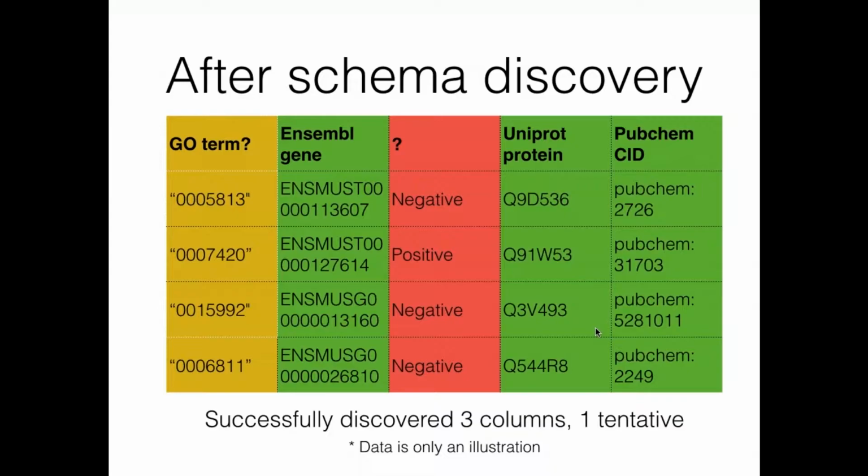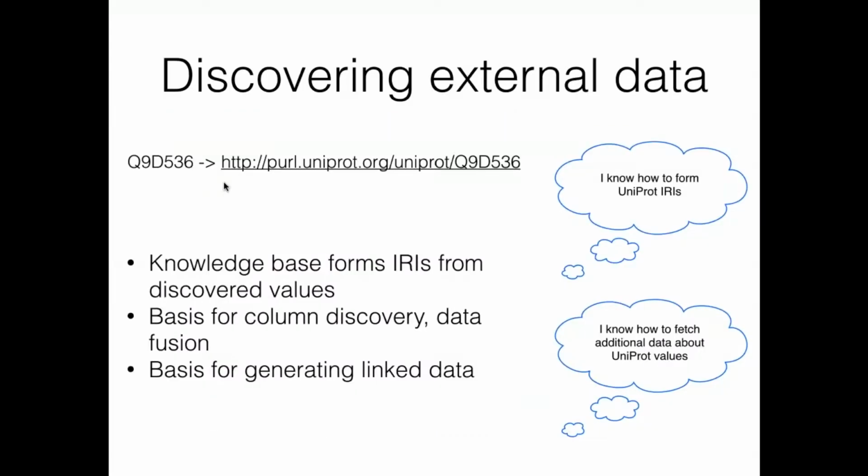However, it fails to identify 1 column, the negative and positive column, because we don't really know what's in there. And the GO term column we kind of identify, but we maybe warn the user, this is a tentative guess and you might want to validate this. So we have a degree of confidence. But still, we successfully discovered 3 columns, so that's pretty cool, and we can do something with that.